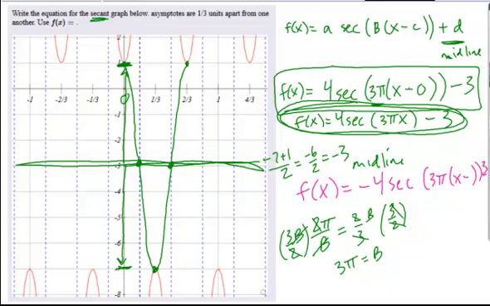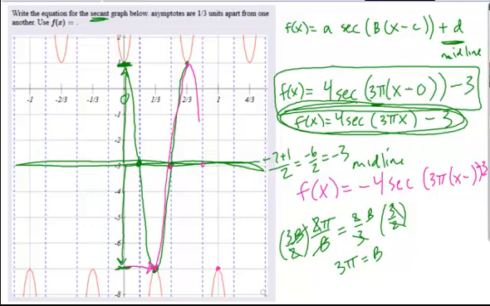I still have the -3 outside, but this shift changes. It changes because if I use the negative out front, I'm no longer starting with a maximum, I'm starting with a minimum. So I have to shift my graph over to start here. Now I would start at a minimum, midline, maximum, midline, minimum.